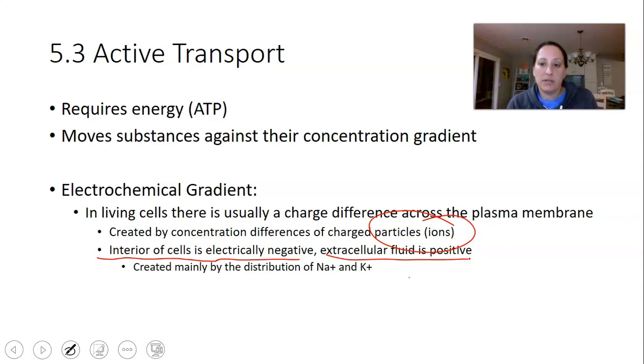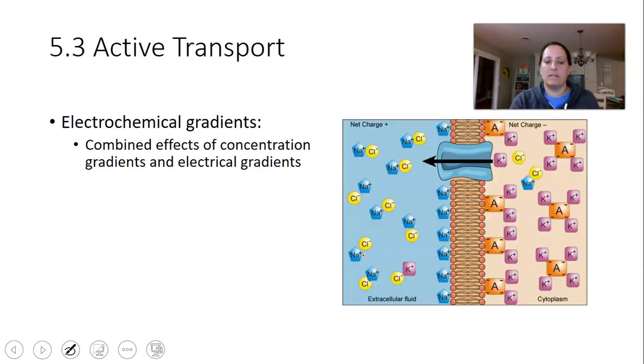There is one particular active transporter called the sodium-potassium pump that is the main player in establishing this electrochemical gradient, this charge difference across the membrane. And so it's created mainly by the distribution of sodium, which is Na+, and potassium, which is K+, ions across that membrane. Okay? So let's take a look.